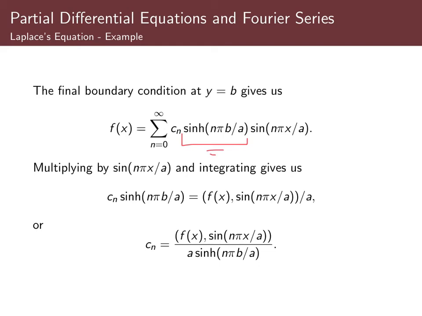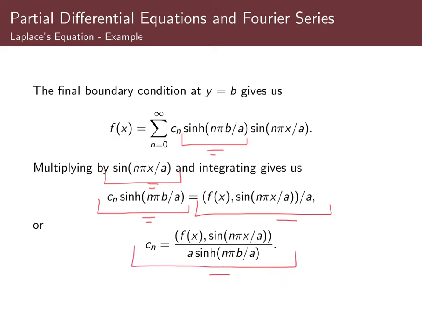If we multiply by the nth sine Fourier basis function and integrate, we end up with c n times the aforementioned hyperbolic function evaluated at n pi b over a equal to the nth sine Fourier coefficient of f. And so if we solve for c n, we end up with this.